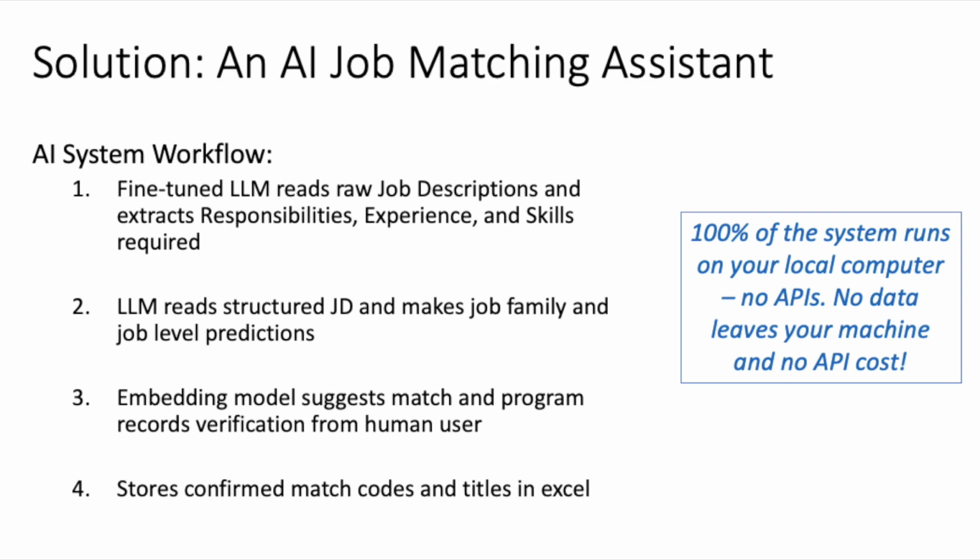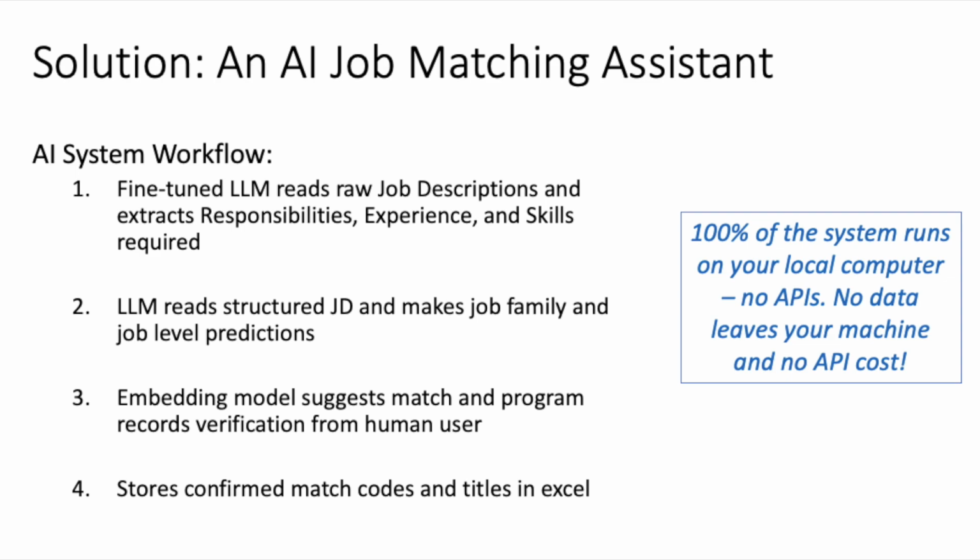But we can break the workflow into really four steps. The first step is you input into the system a quote unquote raw job description. This would be a job description that is found on LinkedIn or Indeed or any job posting site.